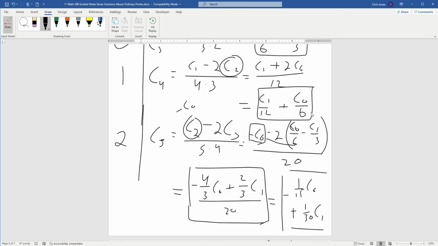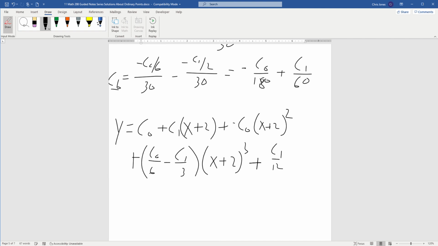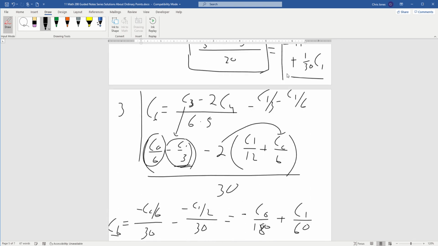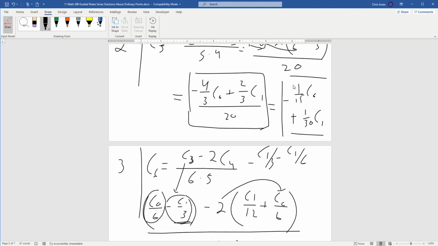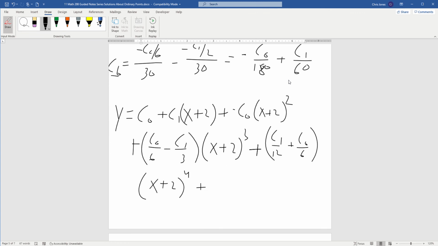C4 is C1 over 12 plus C0 over 6 times (x plus 2) to the fourth power. Then the fifth power: negative 1/15 C0 and 1/30 C1. Right, so that's going to be negative 1/15 C0 plus 1/30 C1. And that's going to be (x plus 2) to the fifth.